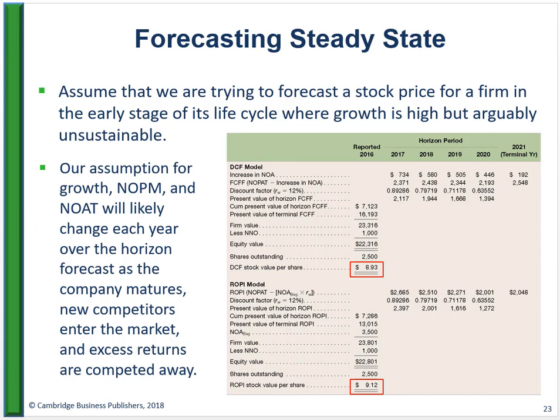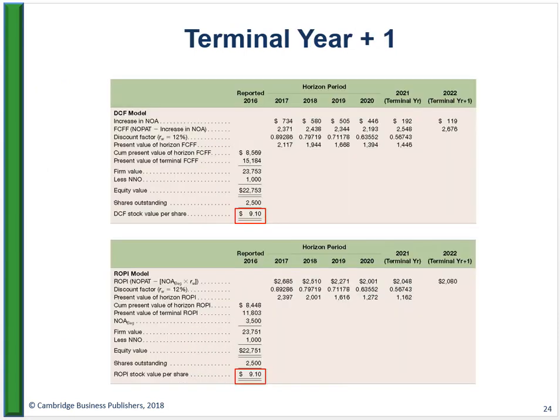But if you take that out just a little bit further, and in this example the authors just take it an additional year to reach that steady state, we can prove out through the numbers that the value would indeed be identical. So whether or not you have to go an additional year, an additional 5 years, or an additional 10 years to reach that steady state, once you've reached that steady state, then these two models will produce identical values.